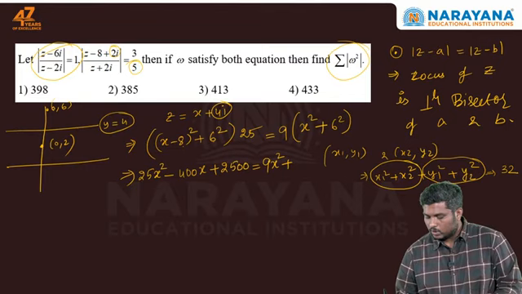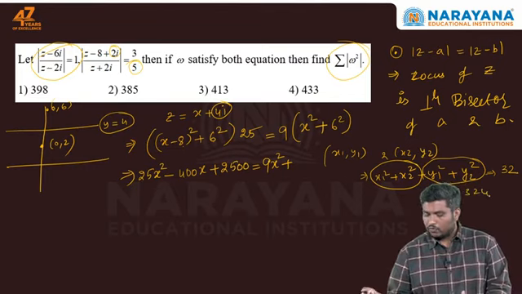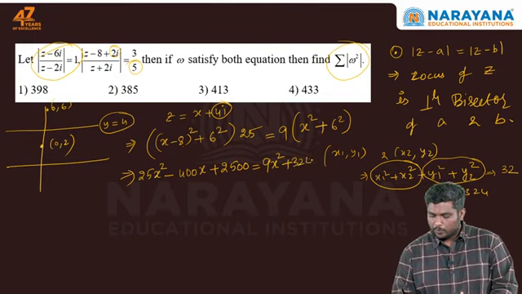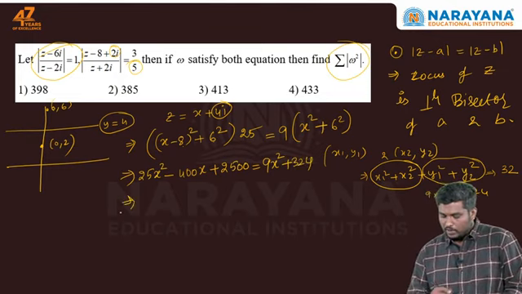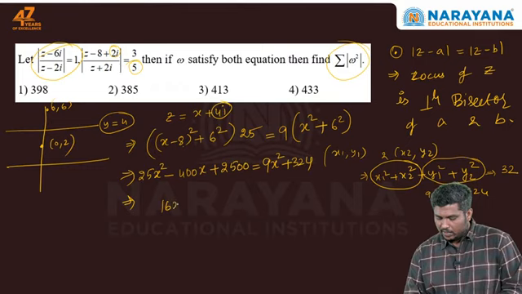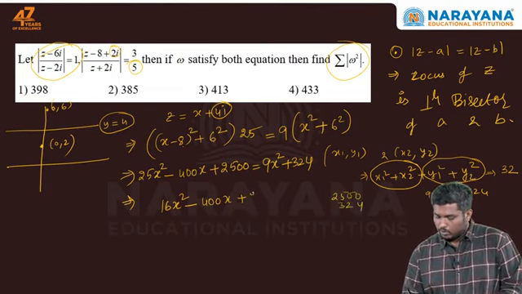Yes, 9 into 36 is 324. 270 plus 54, 324. So if I solve this quadratic equation, I'm going to get 16x square minus 400x plus 2500 minus 324, which is 2176, equal to 0.